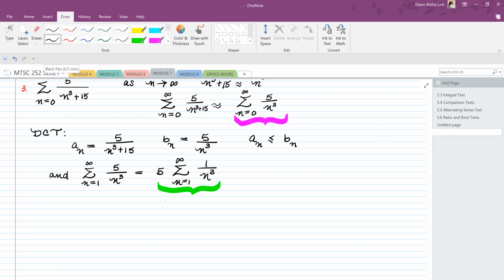So this series is a p-series where p is equal to 3, and so this converges. That altogether implies that the summation of 1 over n cubed plus 15 also converges.